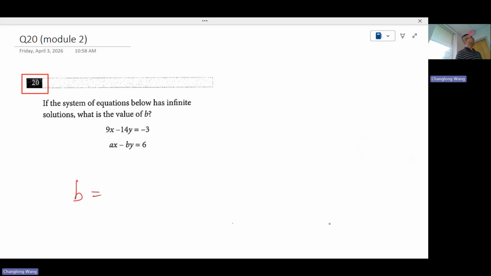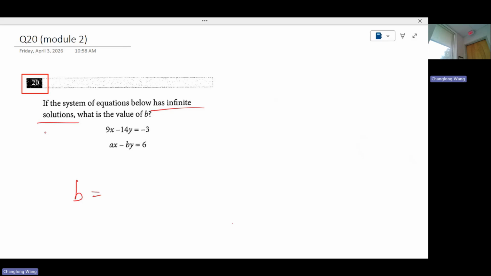All right, to find out B. Now you have two equations, right? When they have infinitely many solutions, that means if you plot these two equations, there are two straight lines, but they overlap, right? So basically they're the same line, then they have infinitely many points of intersection.